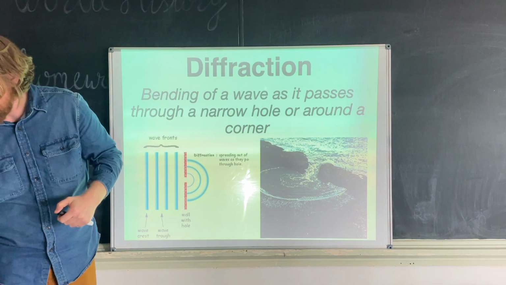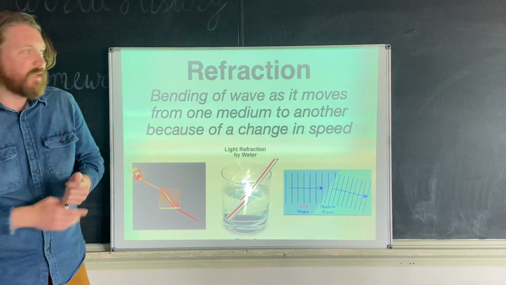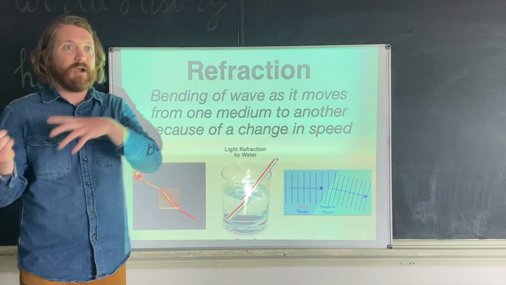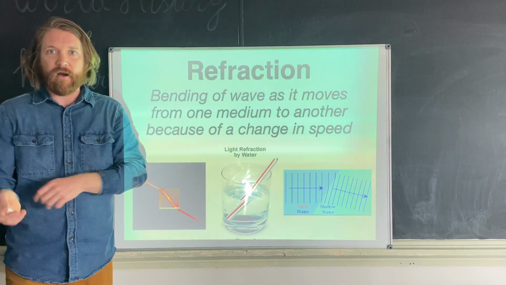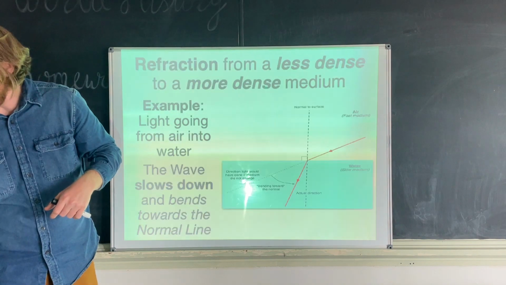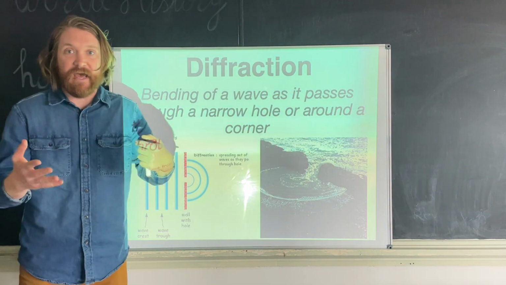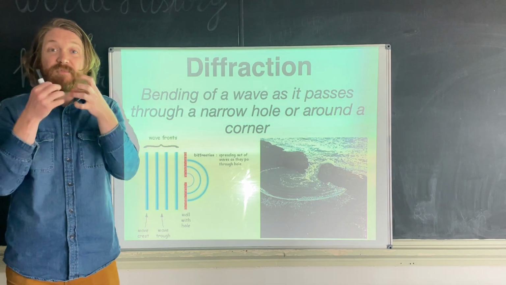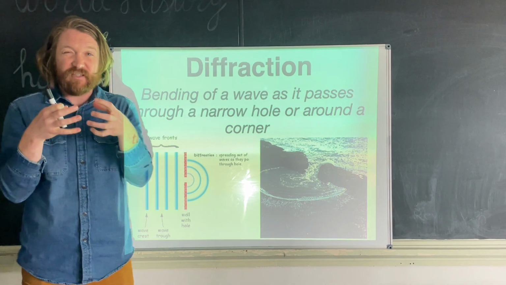The difference is that in refraction, it bends because it changes mediums. It goes from air into water, or water to air, or a solid to a gas, whatever it is. The reason that diffraction happens is because it goes through or around something solid, something that's physically there.